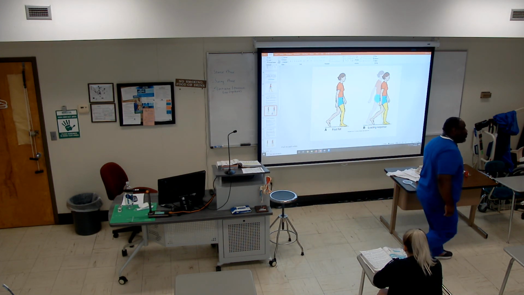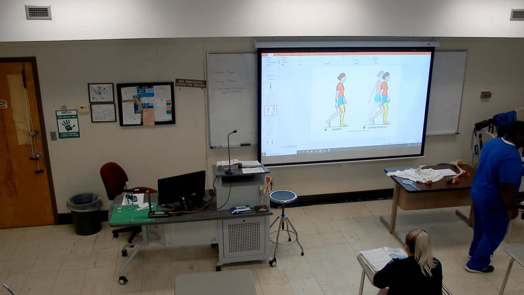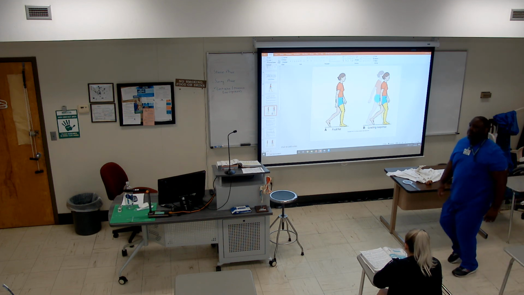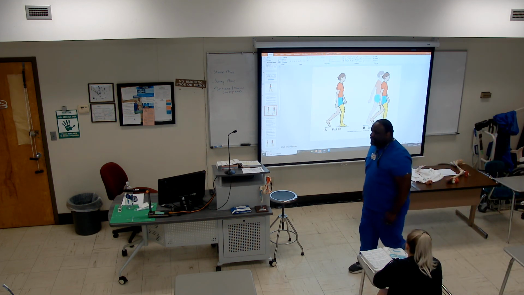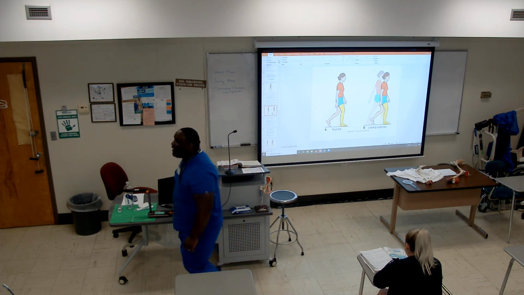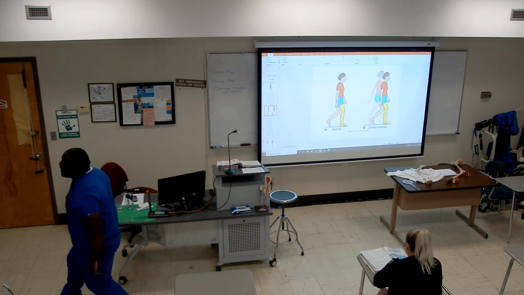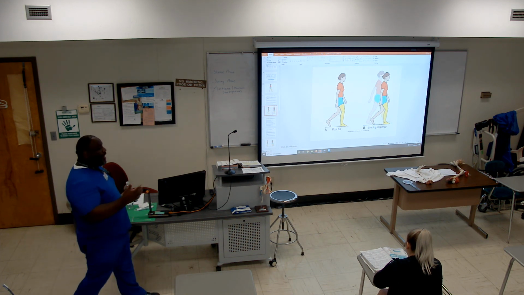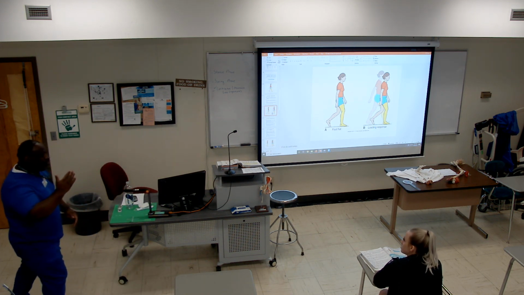So if I have a weak gastrocsoleus, or if I have a torn gastrocsoleus, that's the way I'm going to walk. I won't be able to push off. So my step length is going to be shortened because I can't push off. I need gastrocsoleus to create that motion.